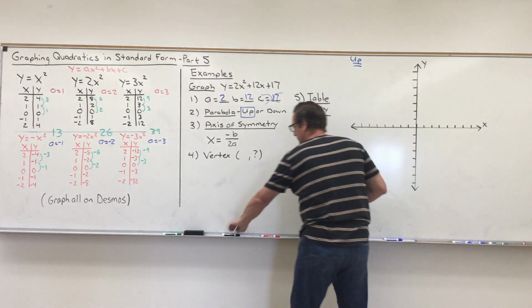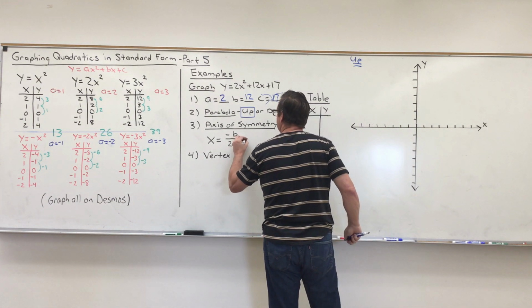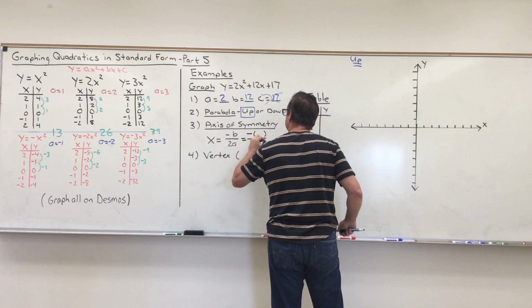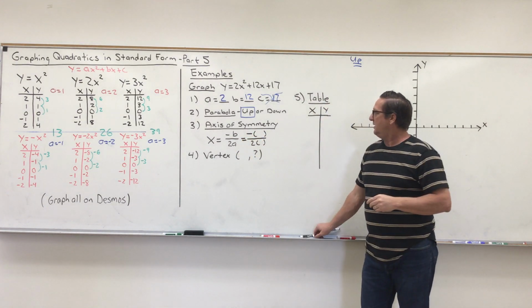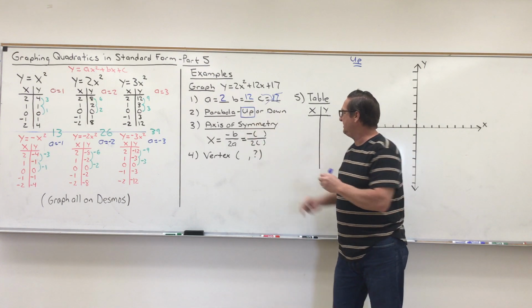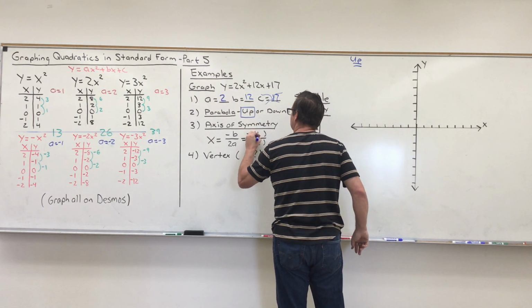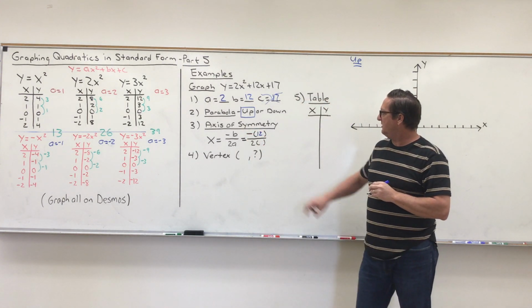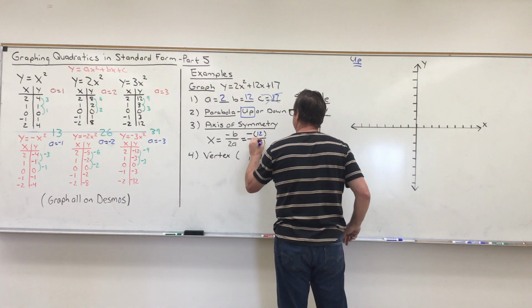So remember, it's x equals negative b over 2a, and so our b is 12. And our A value is 2.